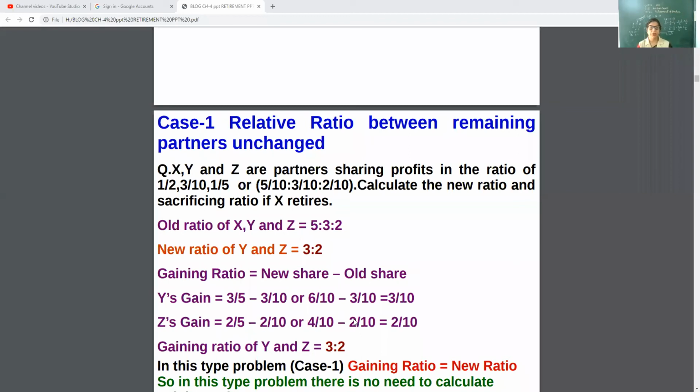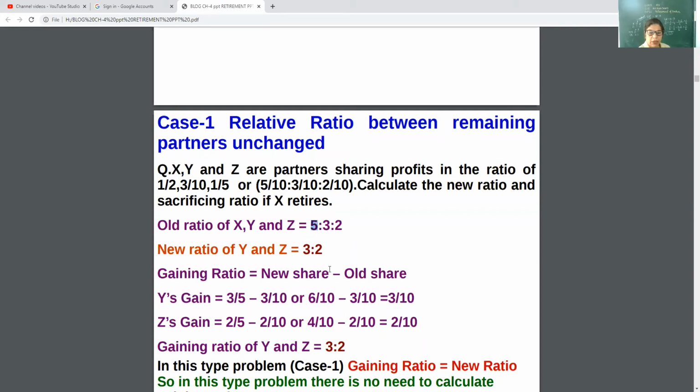Now, the new ratio and sacrifice ratio. X, Y, Z: 5, 3, 2. Now, X retires. In this case, this partner retires. Remove him. The 5 will not be there now because X is going to retire. Now the remaining partners will share their profit in 3:2.